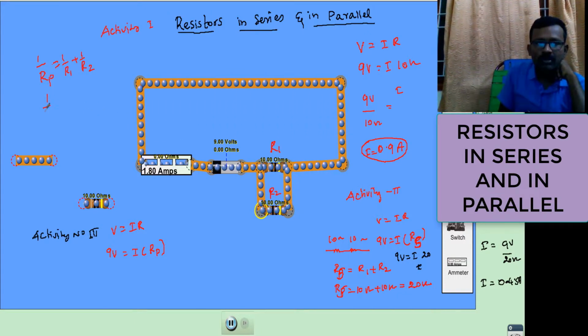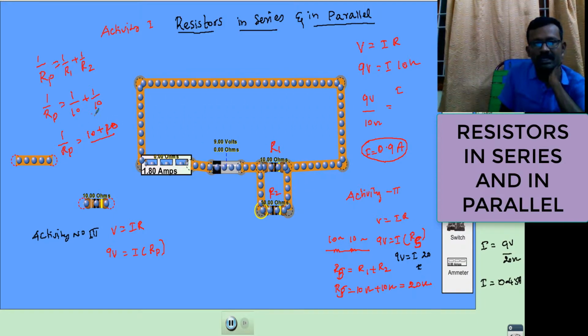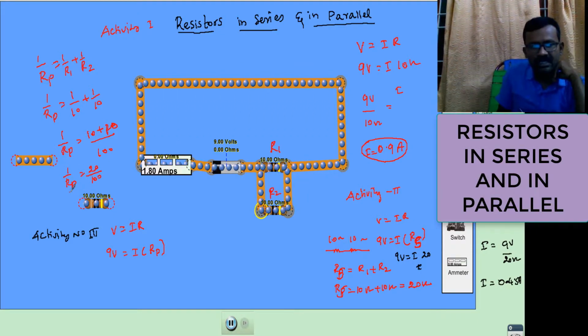So 1 by RP is equal to 1 by 10 plus 1 by 10. How much do we get? 1 by RP is equal to (10 plus 10) divided by 100. Simple arithmetic. So 1 by RP is equal to 20 by 100. Now take the reciprocal.